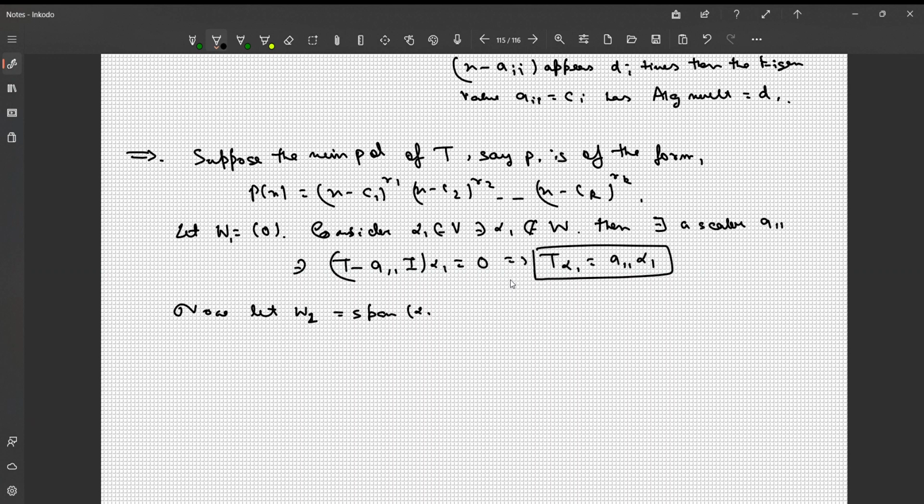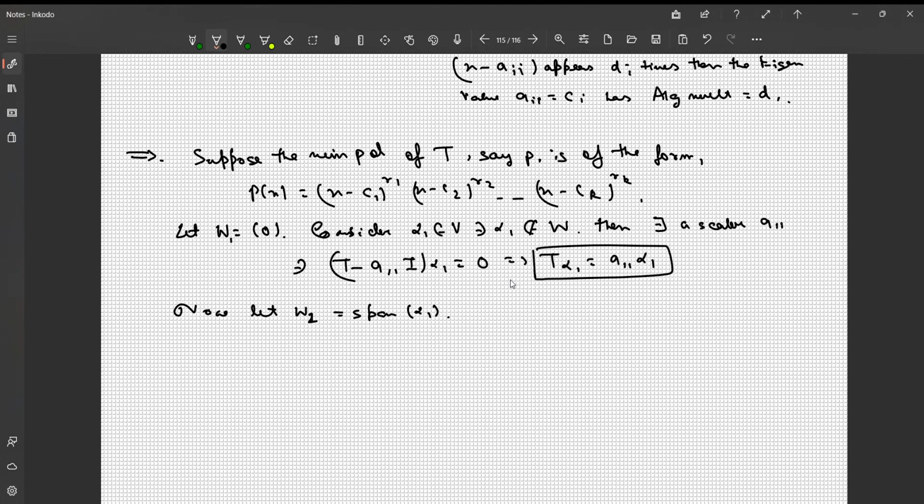Now we have chosen an element alpha 1, so let this be W1. Now let W2 be the span of alpha 1. Now is W2 T-invariant? Obviously, because observe that alpha 1 serves as an eigenvector. Because alpha 1 is obviously non-zero since alpha 1 is not in W. So alpha 1 is an eigenvector of T whose eigenvalue is a11.